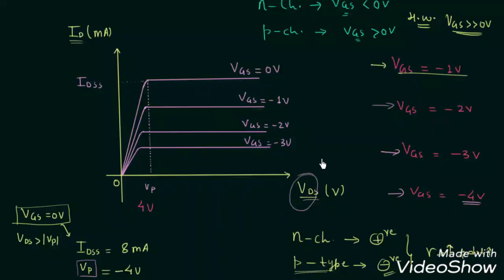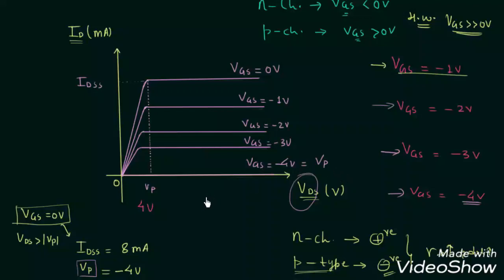When VDS is equal to 0, when the potential difference across the N channel is equal to 0, in that case also the two depletion regions will touch each other. And if you increase VDS, the current will not increase. So initially the current is equal to 0, and if you increase VDS more, the current will still remain equal to 0 amps. This is for VGS equal to minus 4 volt, which is equal to the pinch off voltage VP.